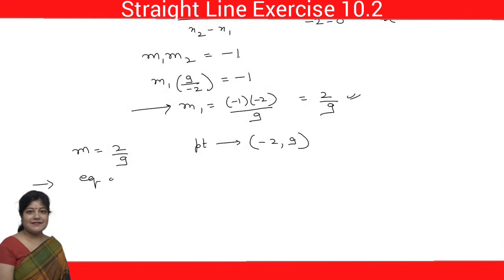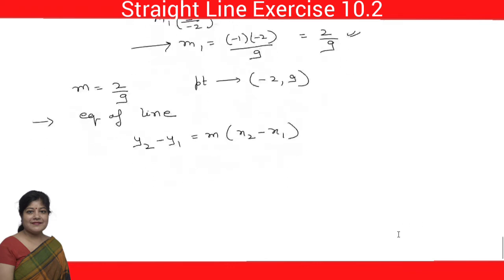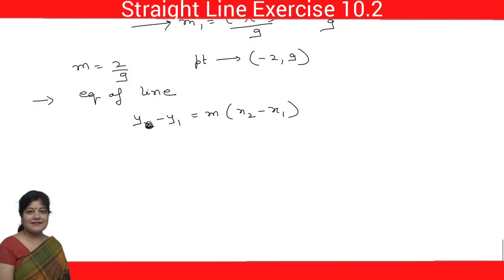Equation of line: y minus 9, this is y1, this is x1, equals 2 upon 9 times x plus 2. Now we solve it.